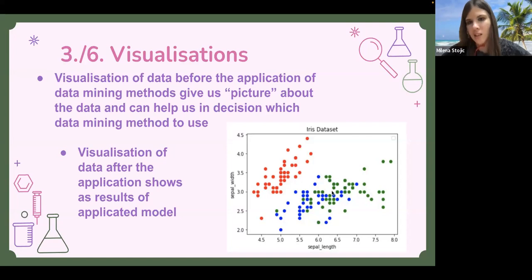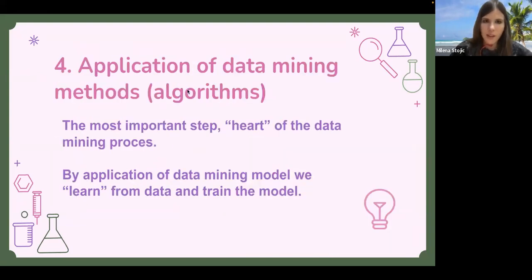Anyway, the Iris dataset is also a very good dataset for the first step in data mining. So I will also send a link for this dataset. Okay, and now we go to application of data mining methods.